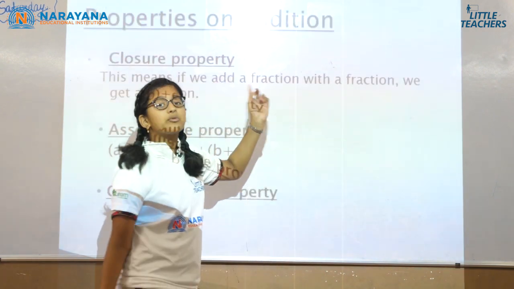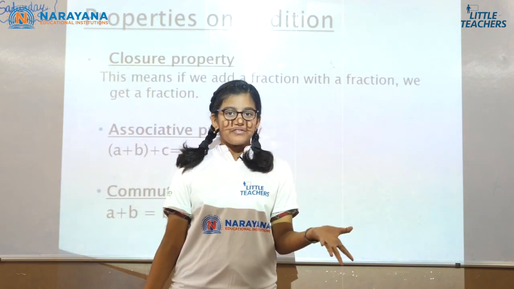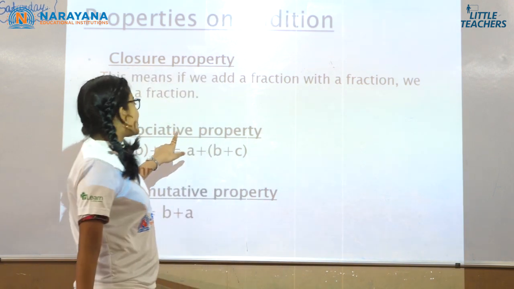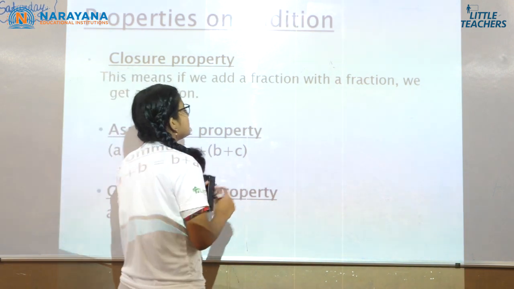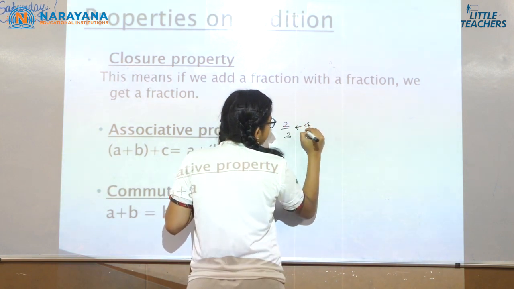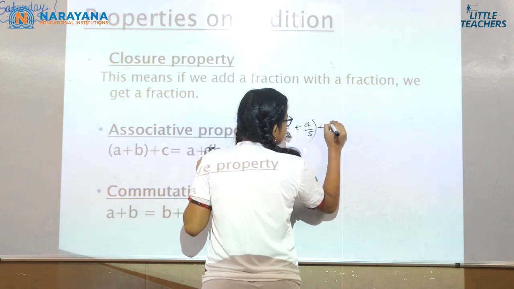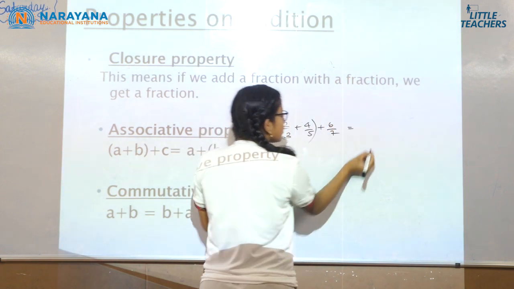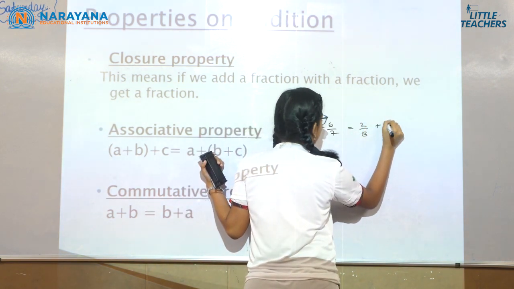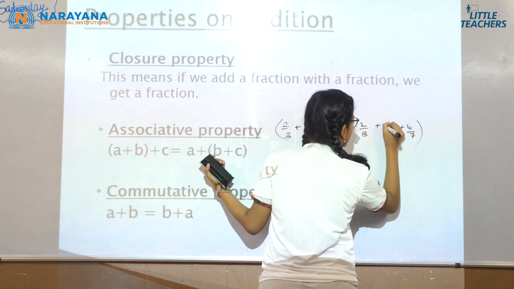Next, we are doing properties of addition. So closure property basically means when we add a fraction with another fraction, you will get a fraction as the answer. And associative property basically means if I take 2 by 3 plus 4 by 5, the whole plus 6 by 7, this would be the same thing as 2 by 3 plus 4 by 5 plus 6 by 7, where this is the whole.